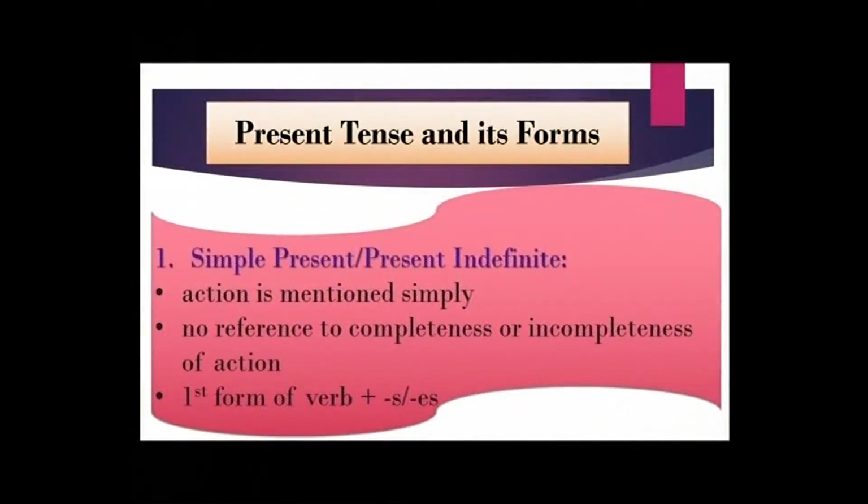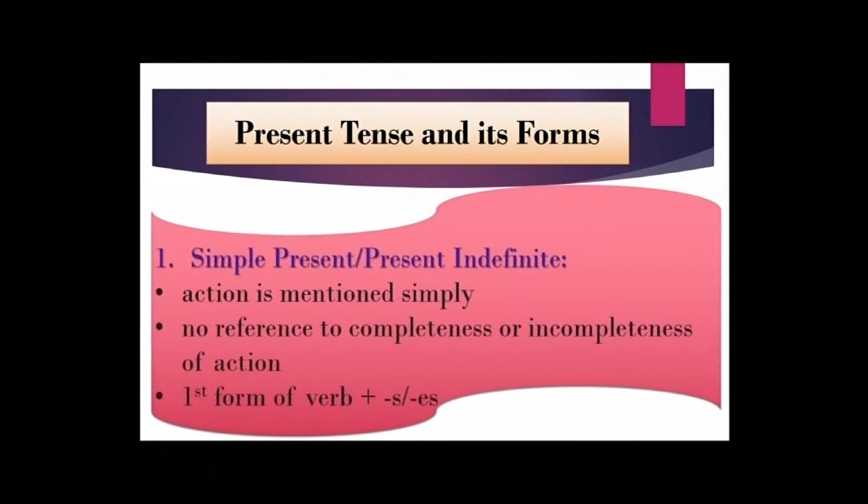Simple present or present indefinite tense. In this, action is mentioned simply, no reference to completeness or incompleteness of action. And in the structure of this tense, we use first form of the verb with suffixes s or es.